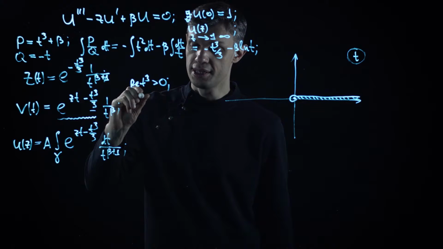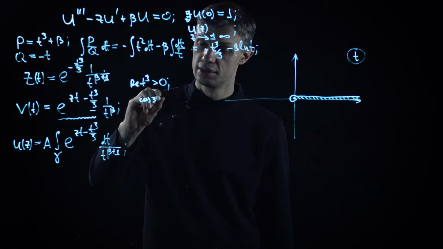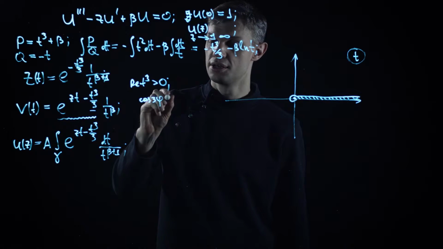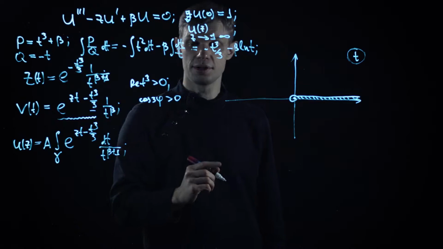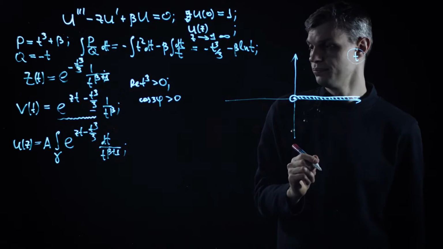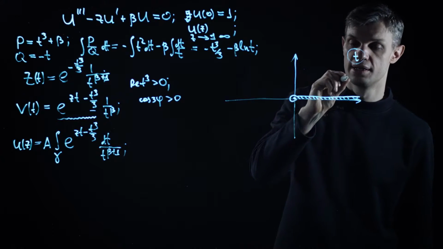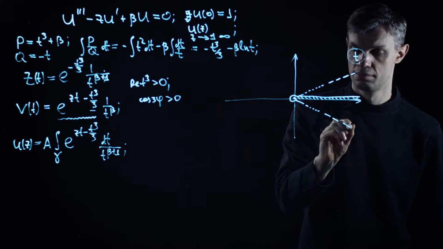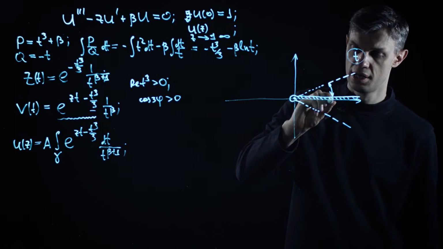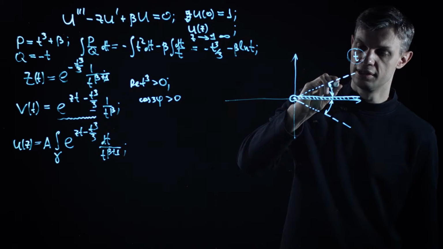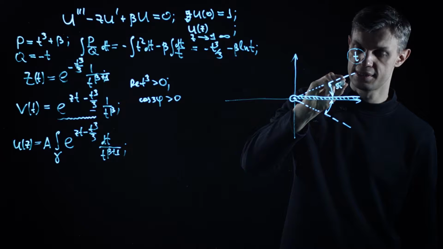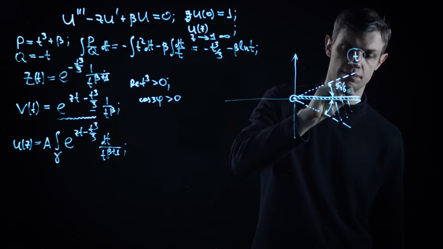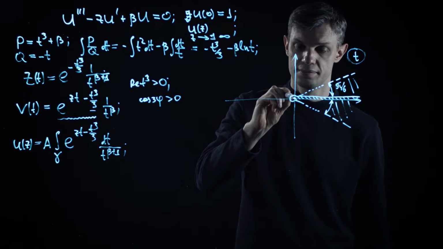That means the cosine of the triple argument of t should be positive. Solving this trigonometric equation, we get the following regions. The first region is at the angle from minus pi over 6 to pi over 6, and so on. The other regions are symmetrical.